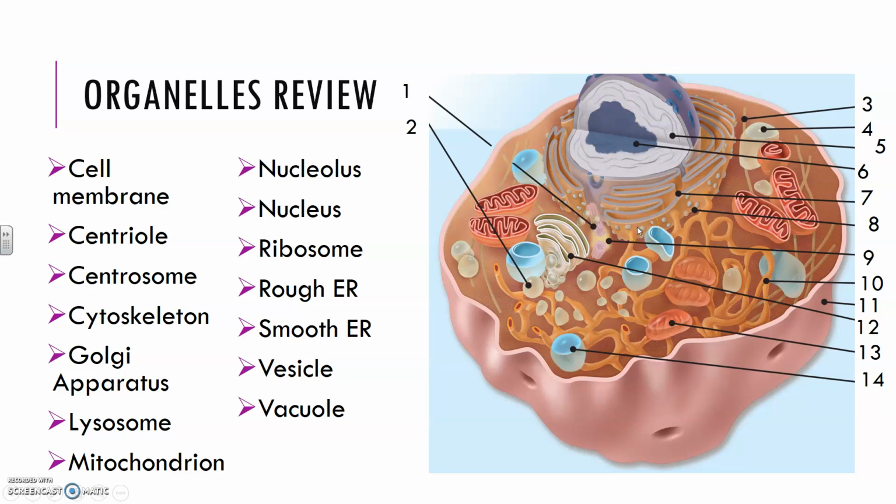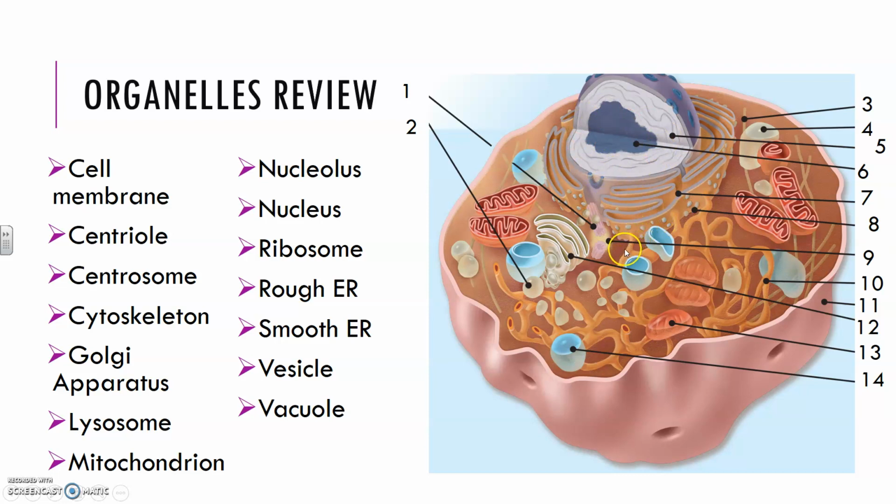This depicts all of your ribosomes bound onto the rough ER, but you will have free-floating ribosomes in the cell as well. That would be number 8. And then rough ER is number 7. You can tell it's usually found closer to the nucleus, and it also has the ribosomes on its surface.